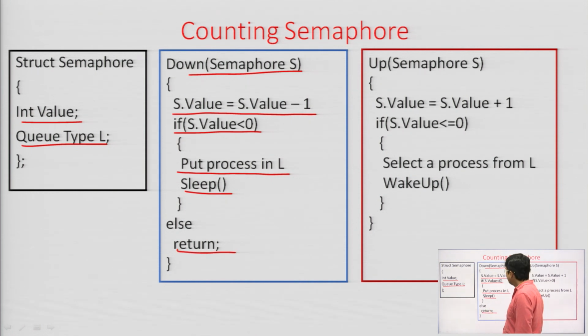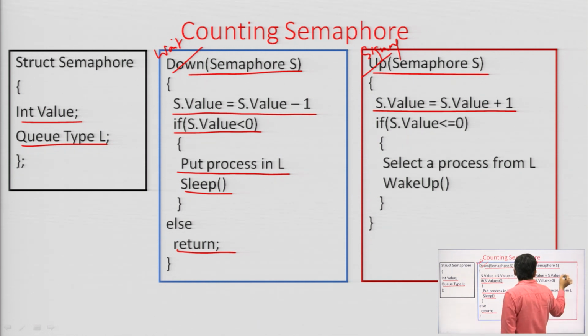Otherwise, just finish this and enter the critical section. Now, down is said to be wait and up is said to be signal. Down and up are the same as wait and signal.